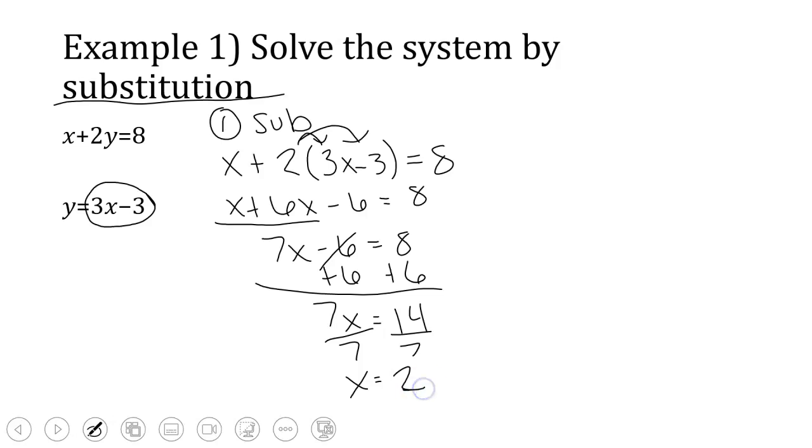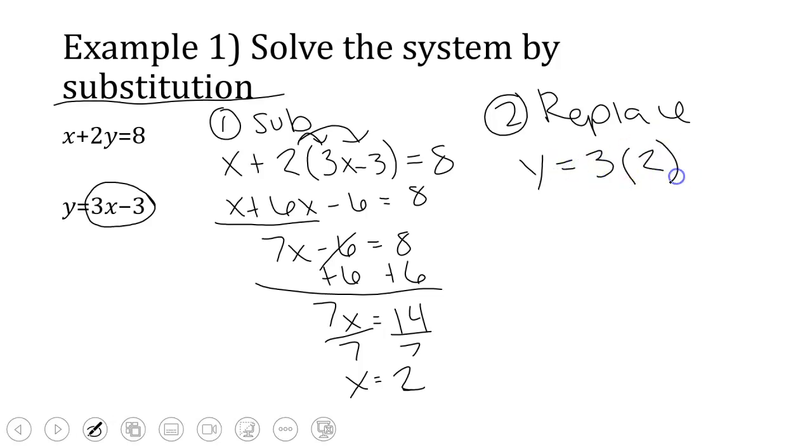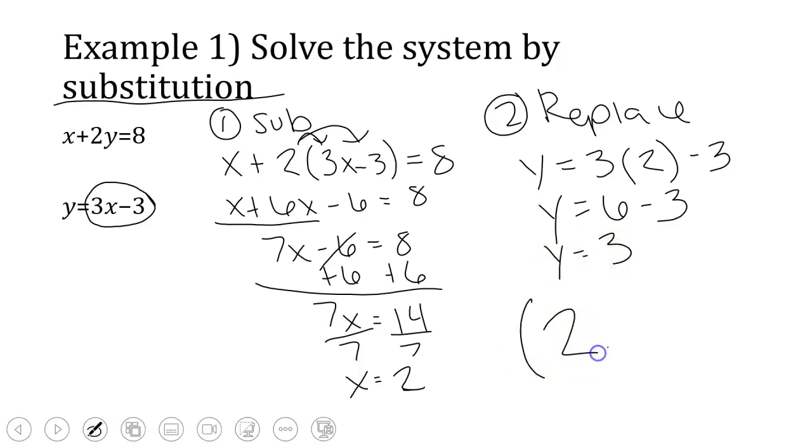So that's just our first half. So second step, we need to replace. I'm going to go back to that y equals equation, but instead of x, I'm going to replace x with our answer of 2 to get y. So 3 times 2 is 6 minus 3, so our y is 3. So write your final answer, 2, 3.